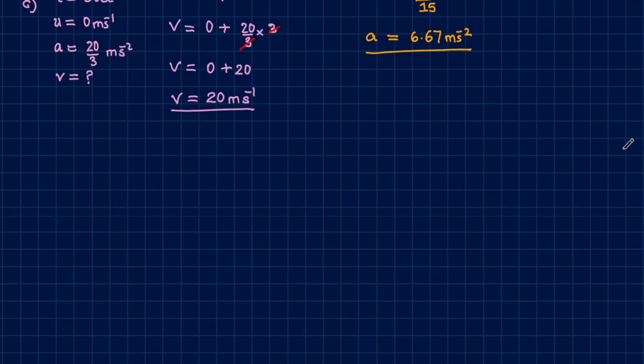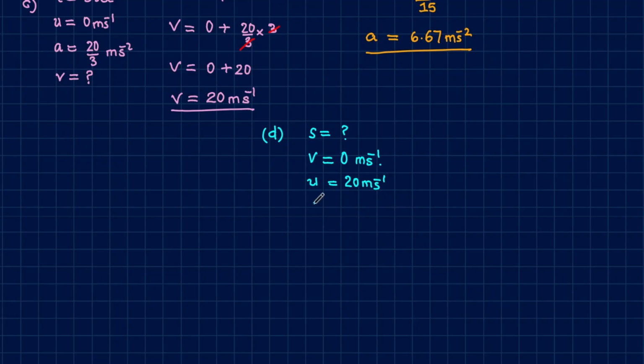We have S as the distance we are calculating, which is not known, so you can give it a question mark. The final velocity when it hits the ground is 0, in meters per second, and the initial velocity for body B is 20 meters per second.